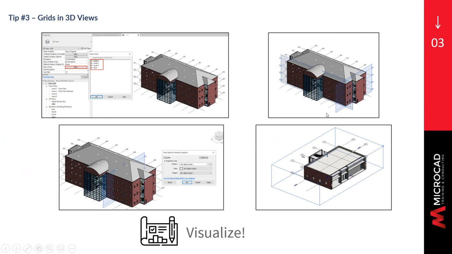Additional to that, when you hover over a grid, it is going to highlight a blue planar vertical surface, as you can see right here. And within that surface, once you have selected the grid, you can control the appearance in your properties display.